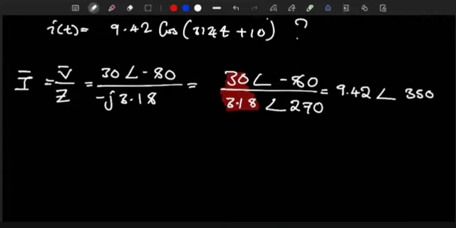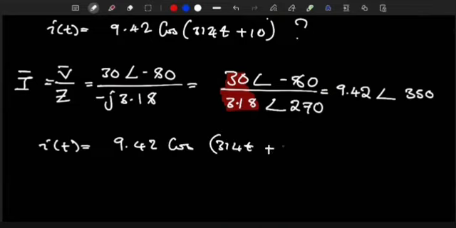So with that, i(t) will be equal to 9.42 cos(314t + 350 degrees).